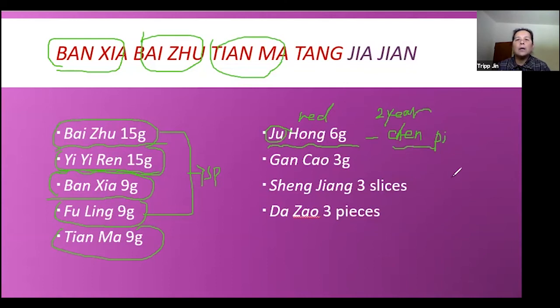They have similar functions. So if you don't have 橘红, then you can use 陈皮. 橘红 is basically the outer part of the orange peel, the red color part. And then 甘草, 生姜, 大枣 harmonize the whole formula.